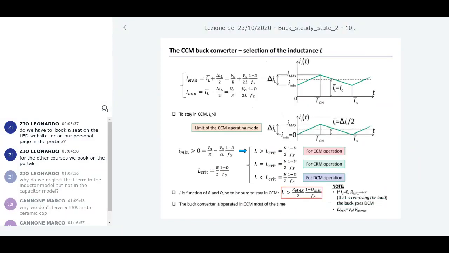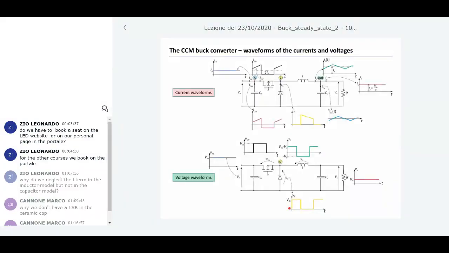So, have you got questions about this computation? Problems, remarks? Up to now, we defined and described all the waveforms you can see in this slide. There is a DC current, which is the current at the output of the DC V in source. I have an inductor current, from which I started all my analysis. We are in CCM, so this current is always positive at any time instant.